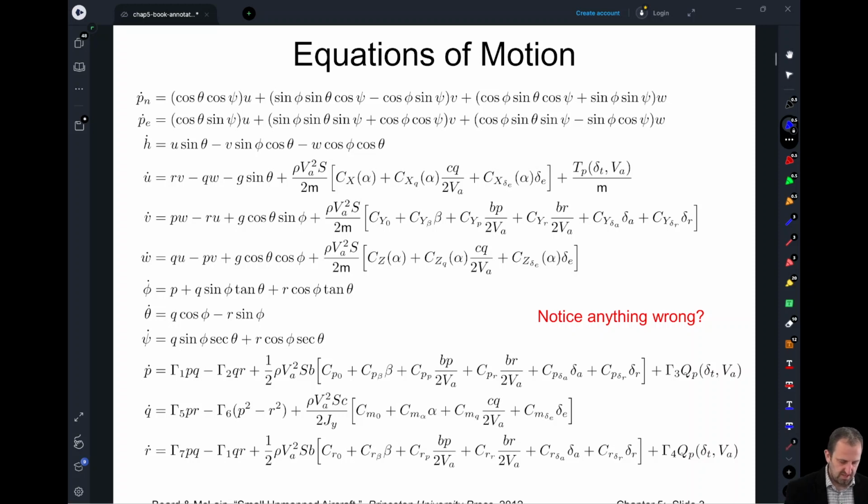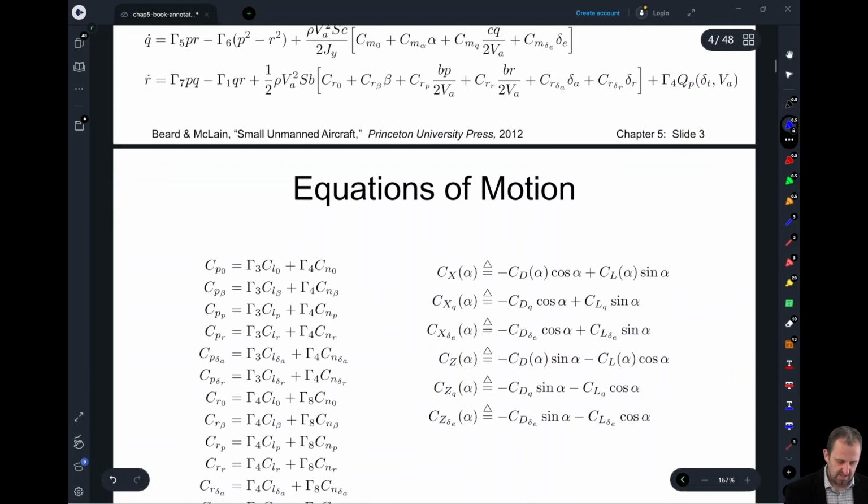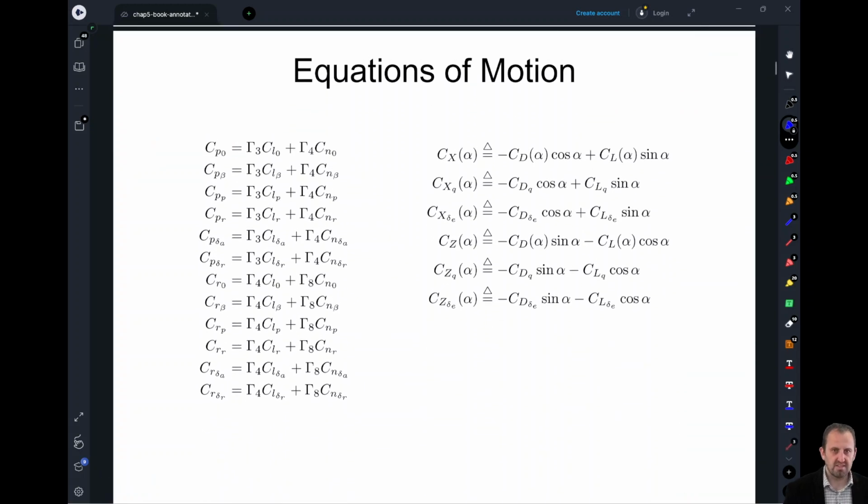For example, we have various constants and various functions that appear in different places, and so we create a whole host of these constants and these functions to make it easier to write later on. So we have constants and we have functions.